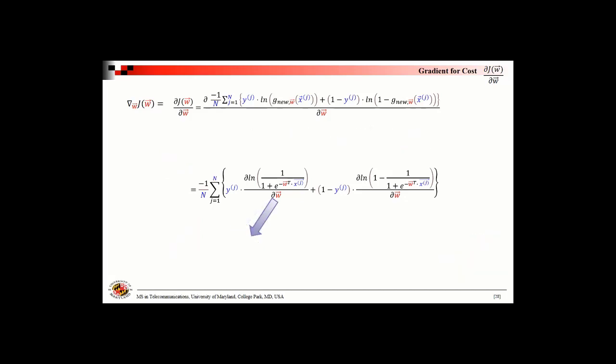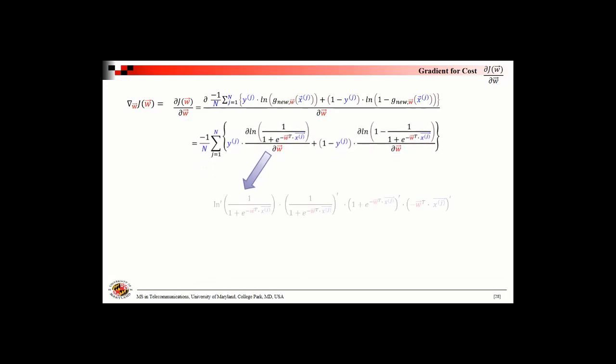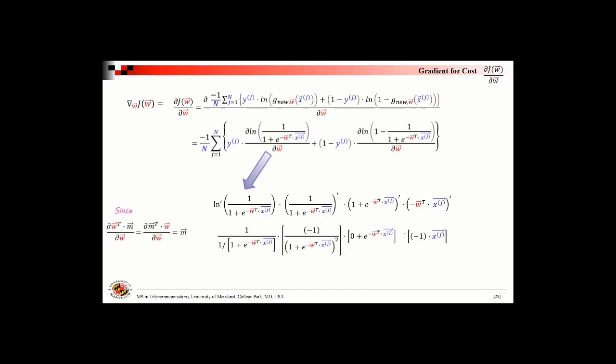All right, let's continue working on that leftmost term. Let's give us some space here. We already found out what we should replace each one of these prime expressions with. The derivative of the log is 1 over the argument. So that's 1 over 1 plus e to the minus W transpose X. Then we had 1 over some stuff.